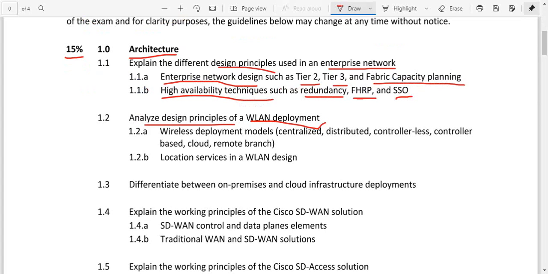He implements models like the centralized, distributed, controllerless, and controller based.